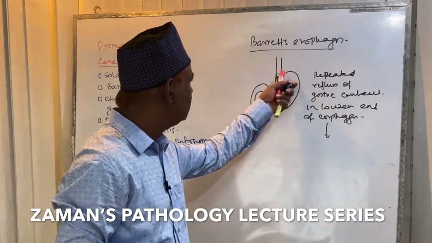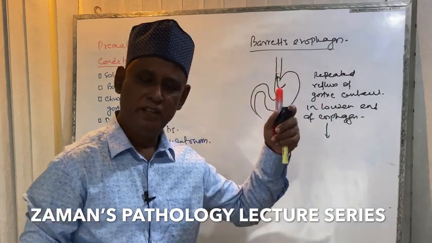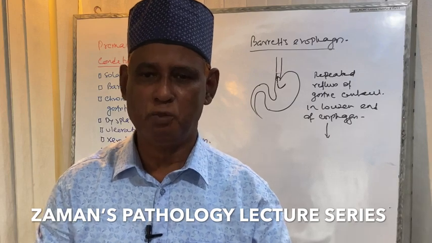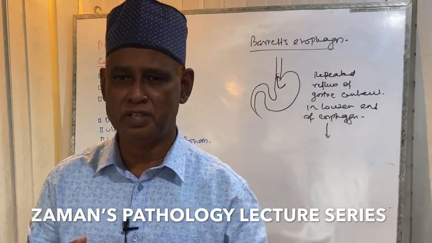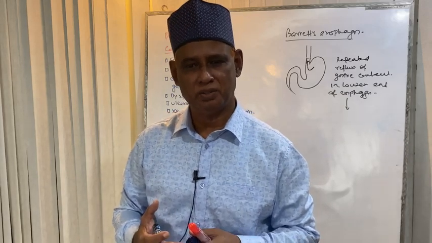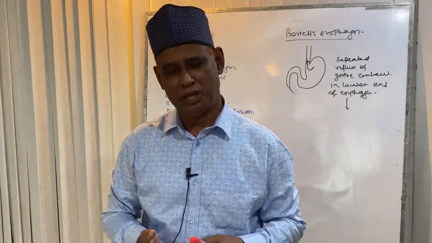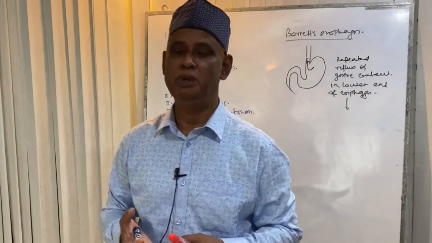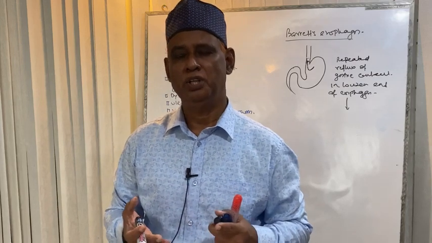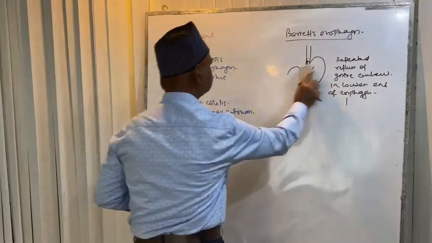If there is columnar metaplasia in the lower end of esophagus, then that esophagus is known as Barrett's esophagus, named after the scientist Barrett. There are many complications of Barrett's esophagus. There may be peptic ulcer, stricture, esophagitis, and esophageal carcinoma. So Barrett's esophagus is one of the premalignant conditions.